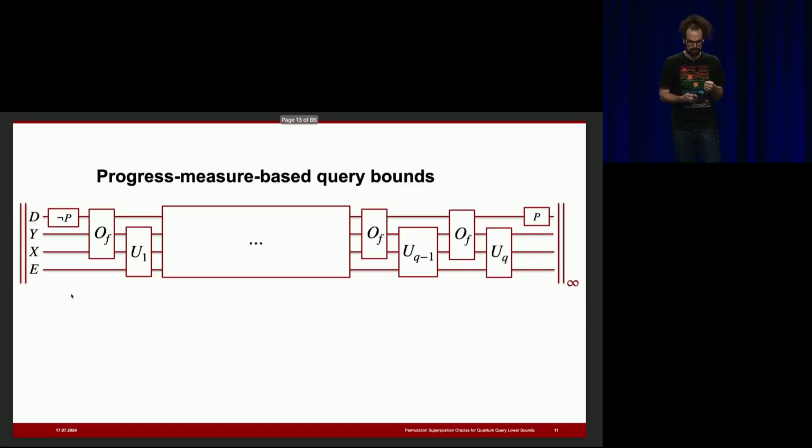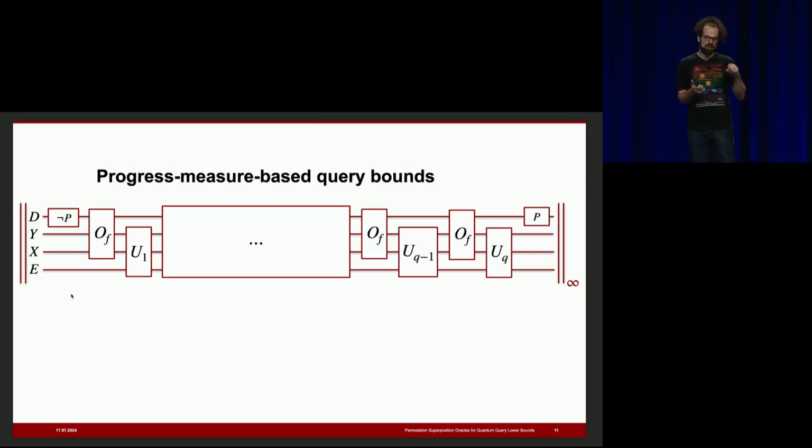Here is a picture of a query algorithm that interacts with this compressed oracle. O_F are the oracle unitaries, U_i are the internal unitaries, and I want to show you how a query bound is proven with this progress measure-based technique.